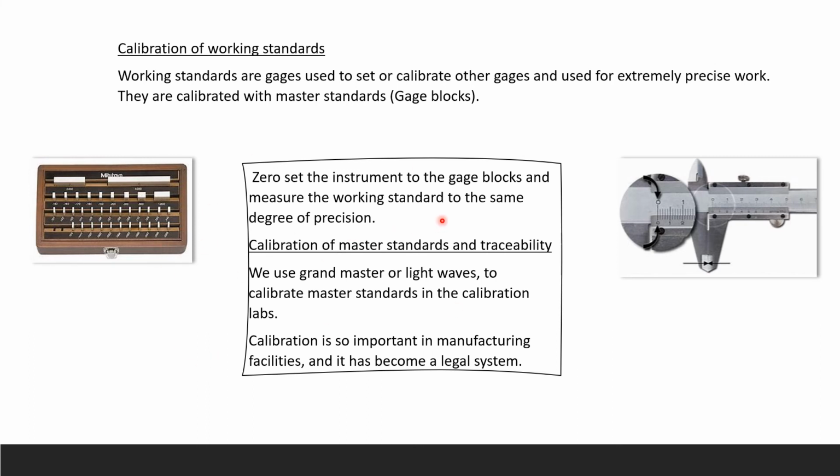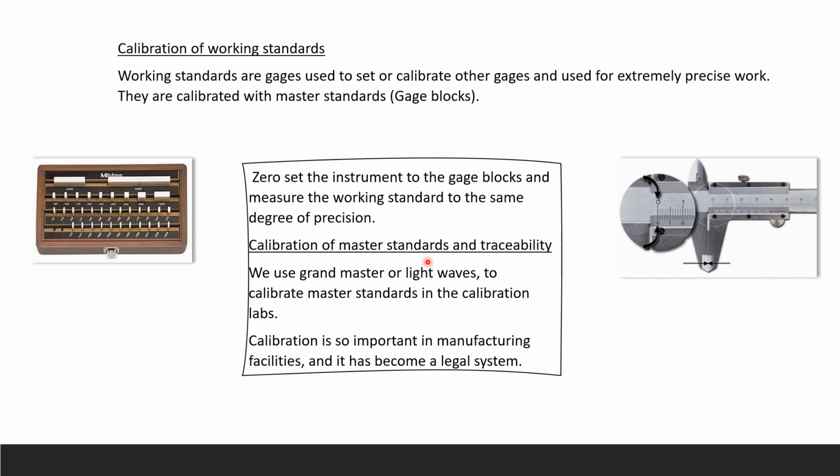So if I ask you what we are doing in calibration, you should know you're using a standard to check that your instrument is still functioning and giving you the correct measurement of that standard. Therefore, you can use it to measure other parts.